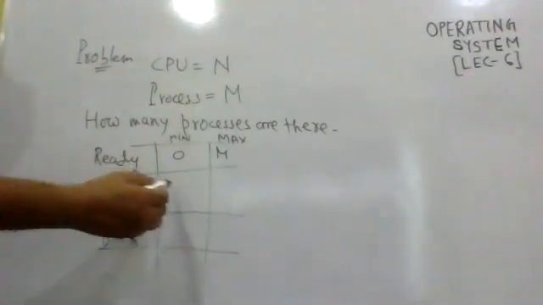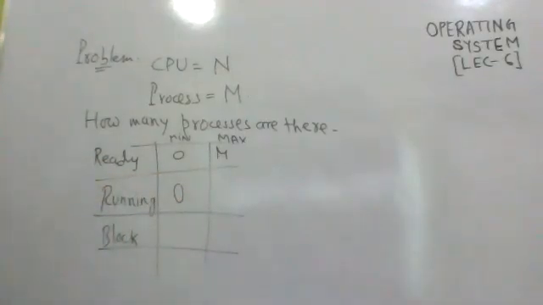In the running state the minimum is also 0, when no processes are running on the CPU. And what will be the maximum number? In our system there are n CPUs. We know that one CPU can execute one process at a time, so n CPUs can execute n processes at a time. So it will be n.